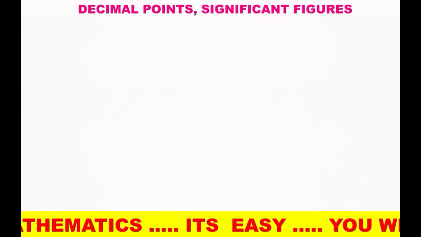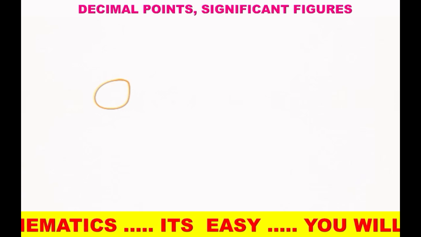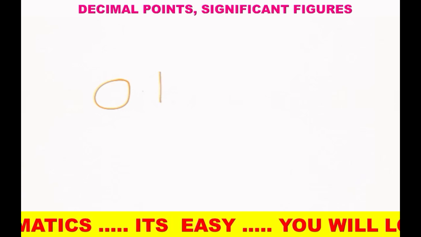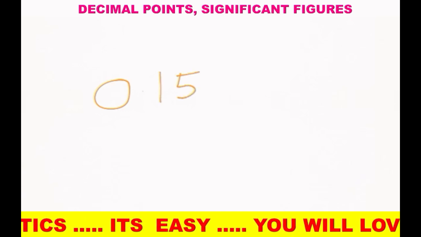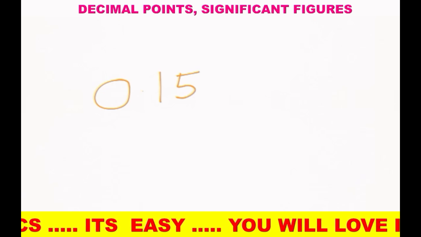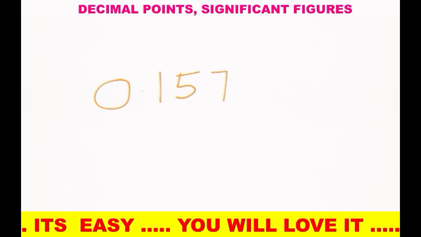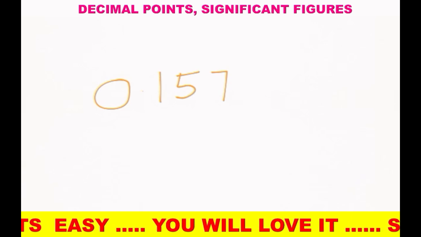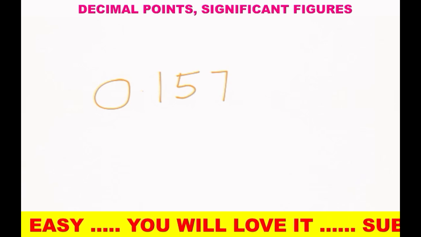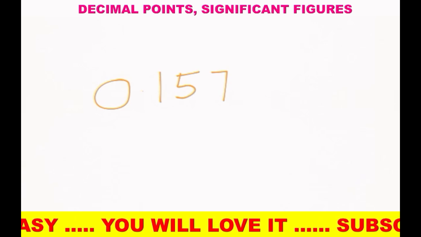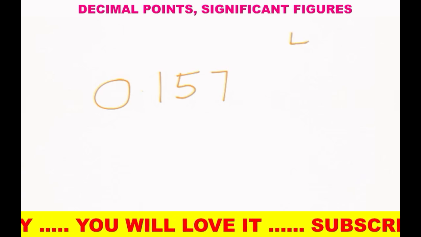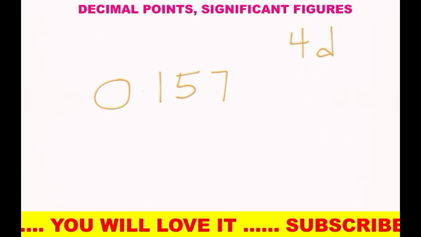Let's take 0.157, which is another thing you also have to understand. Let's convert it to 4 decimal places, 4dp.